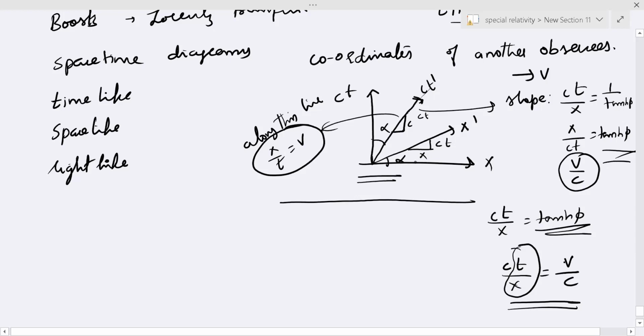So along this line, when you see CT, T by X, you shouldn't put 1 by V. Along this line, X by T is not equal to V. So whenever you see X by T, you cannot simply put V. That's true only for the world line. Along this line, it's different. So we know the slope of these lines. It's fine. CT by X equal to V by C.